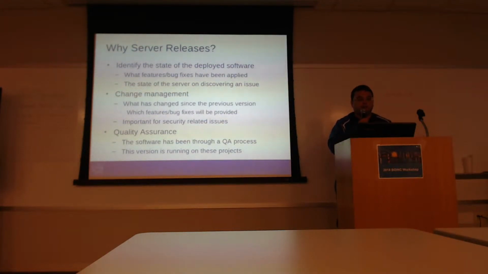We can see what has changed since the previous version, which features and bug fixes will be provided. And it's also important for security related issues. Then we have some quality assurance, where the software has been through a Q&A process, and the version is running on these projects. So you can see which projects are running a specific version of the server.